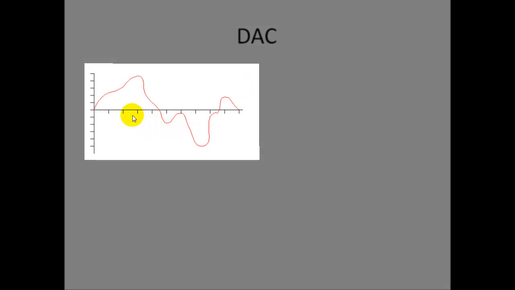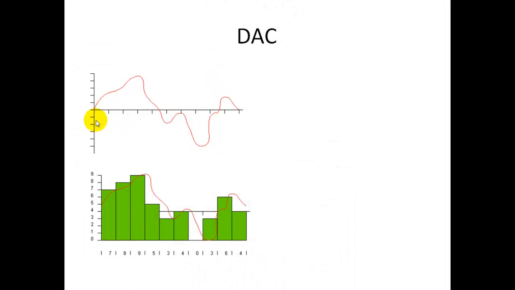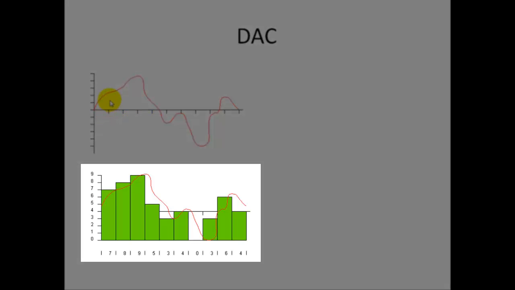Right, we need to know about analog to digital conversions. Here we have an analog signal, and it's a continuous range within these. Now, what we have to do to turn it into a digital signal is that every interval of time here, we take the value and give it a value here.